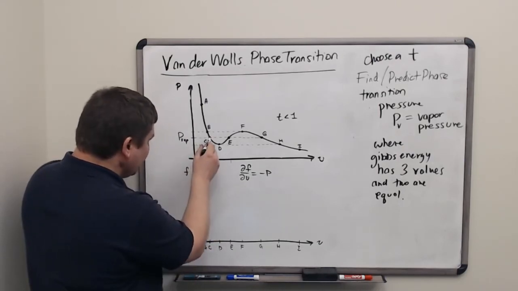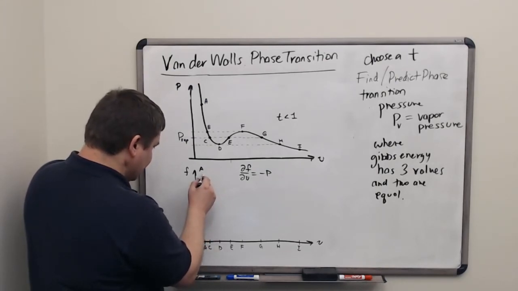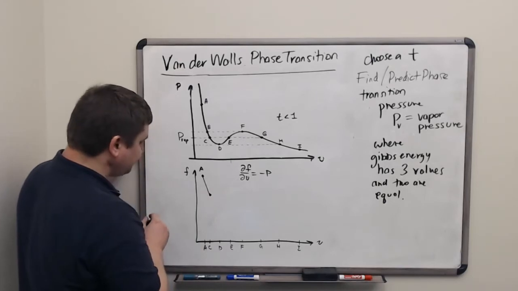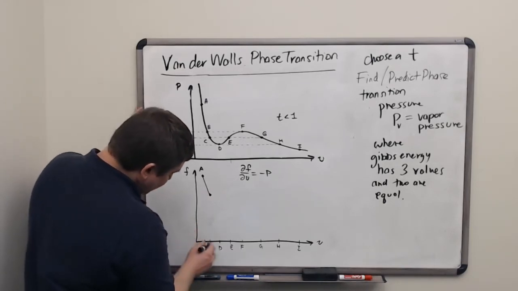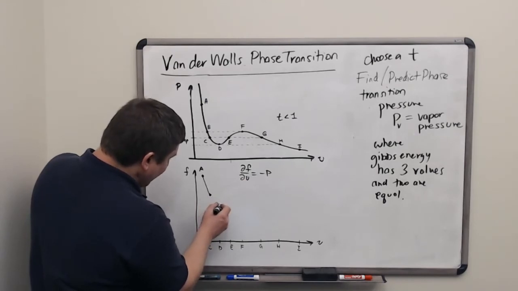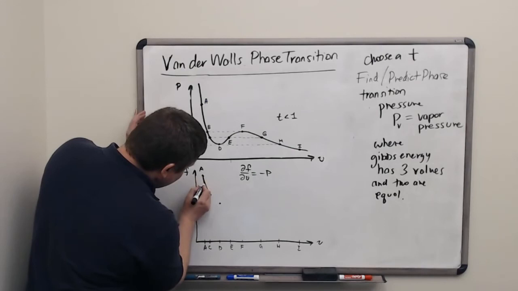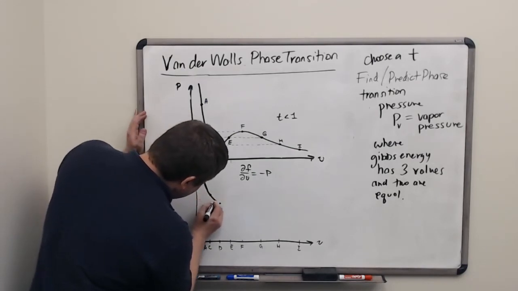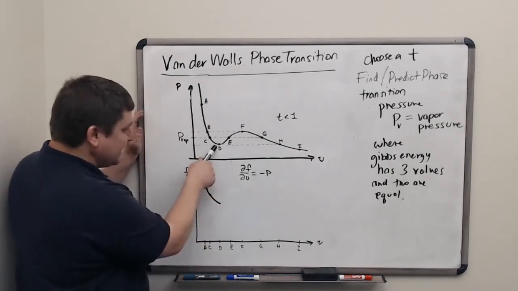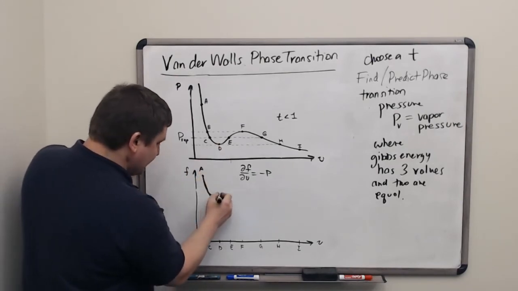So down to location C, we will get a pretty significant drop. So we'll go like this, there. And then on to location D, we've got a smaller drop, but now what happens at location D is we have an inflection point. So we still have a negative slope, but we now have a change of concavity.